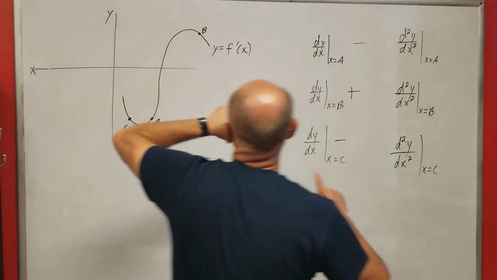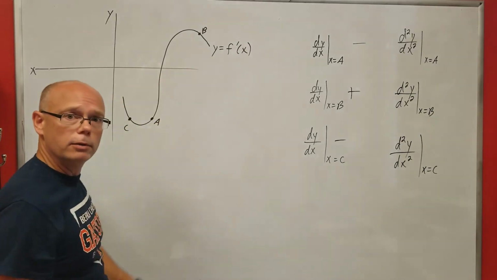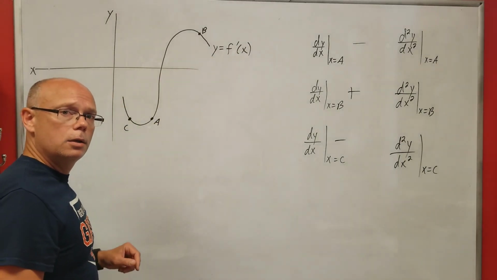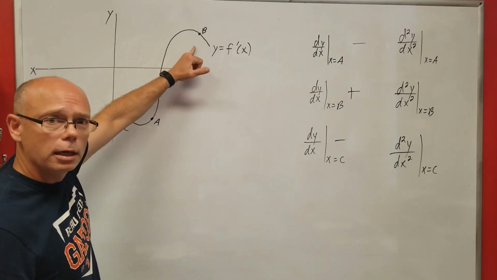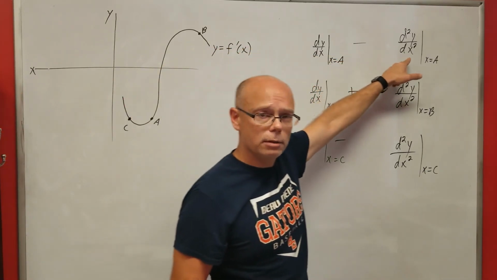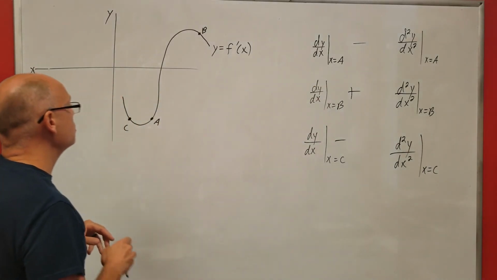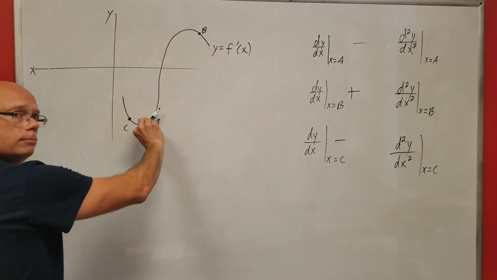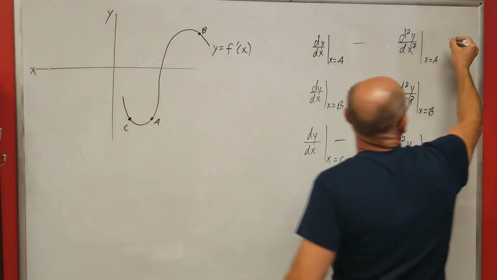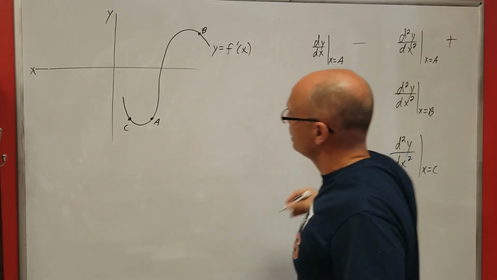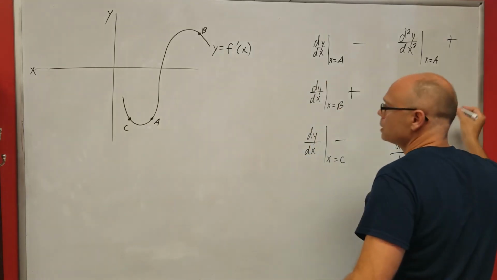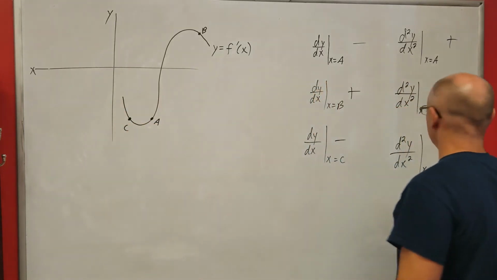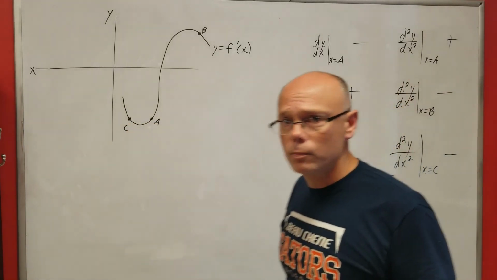I'm looking at the derivative of this derivative, right? So I'm really looking at the slopes of the tangent line of this curve when I'm looking at second derivative here. So what is the slope of the tangent line at A? It's positive. What is the slope of the tangent line at B? Negative. What is the slope of the tangent line at C? It is negative as well.